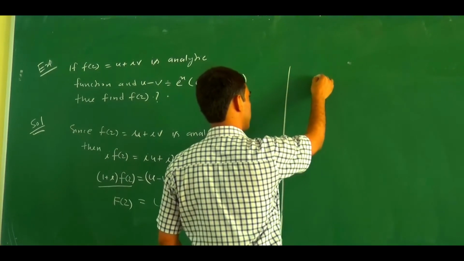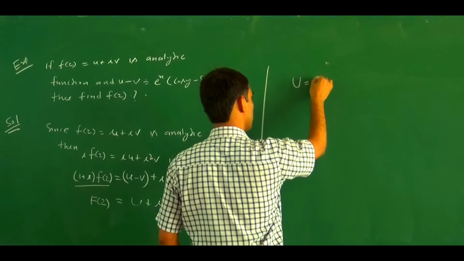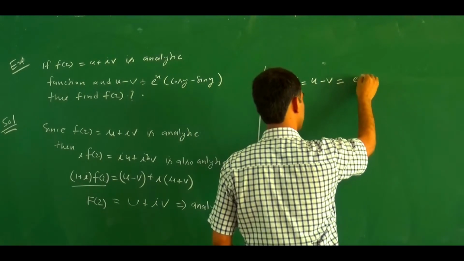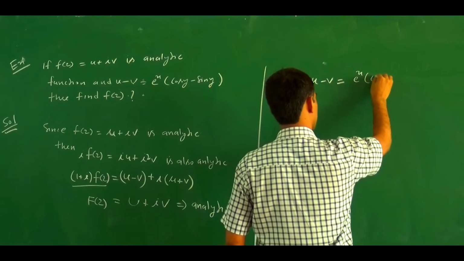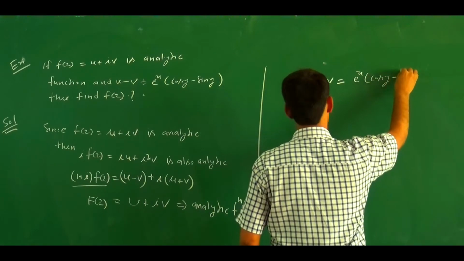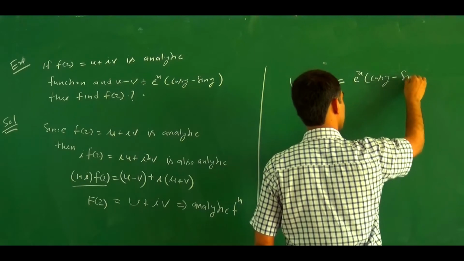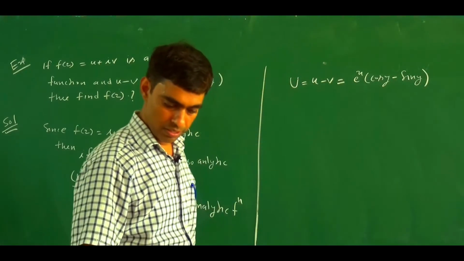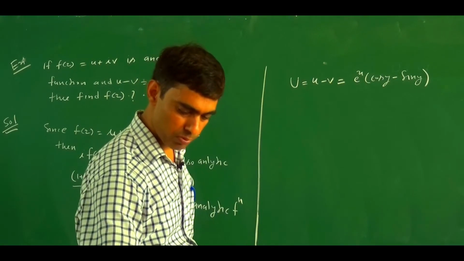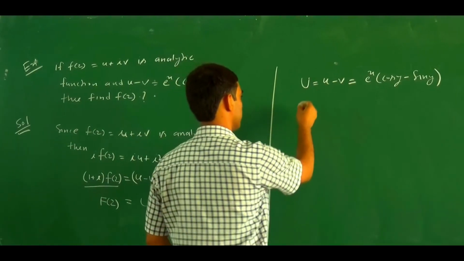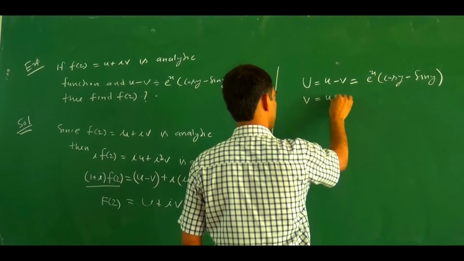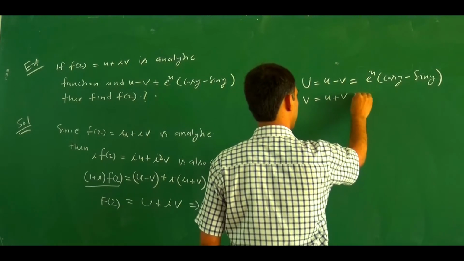So capital U = u − v = e^x (cos y − sin y). This one is given. So now we try to find the value of V, meaning u + v.